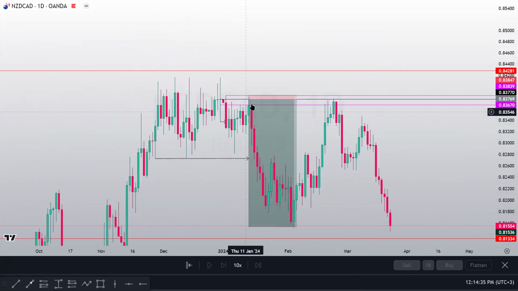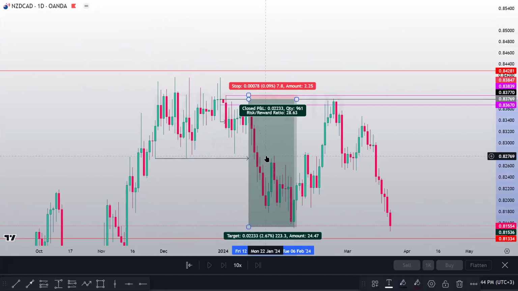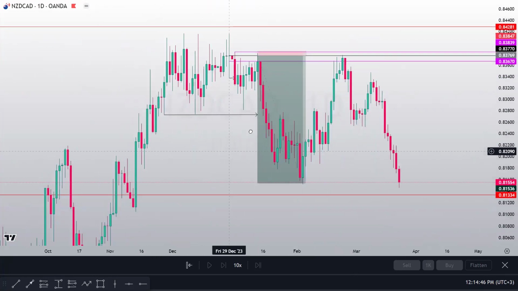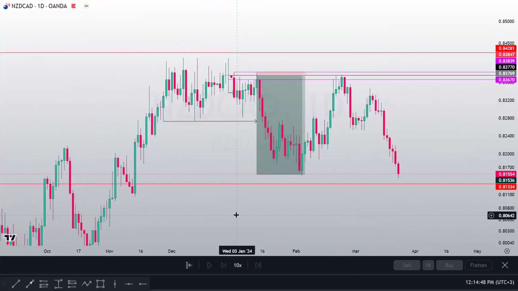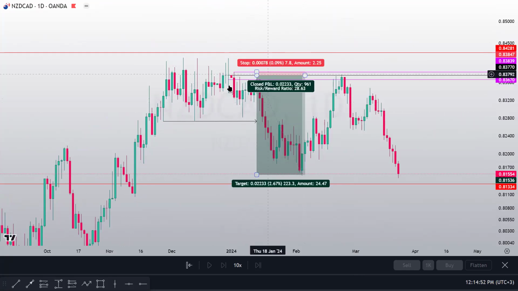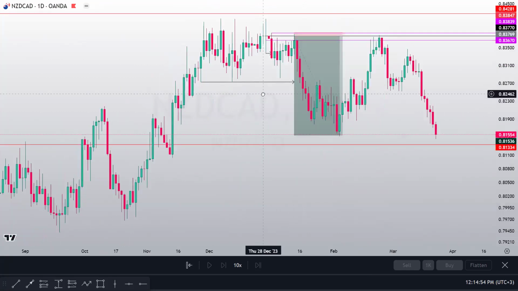But clearly, as long as we already have this as our formation and this as our shift, that means the market has to come and do some huge pullbacks so it can liquidate the inside formation.